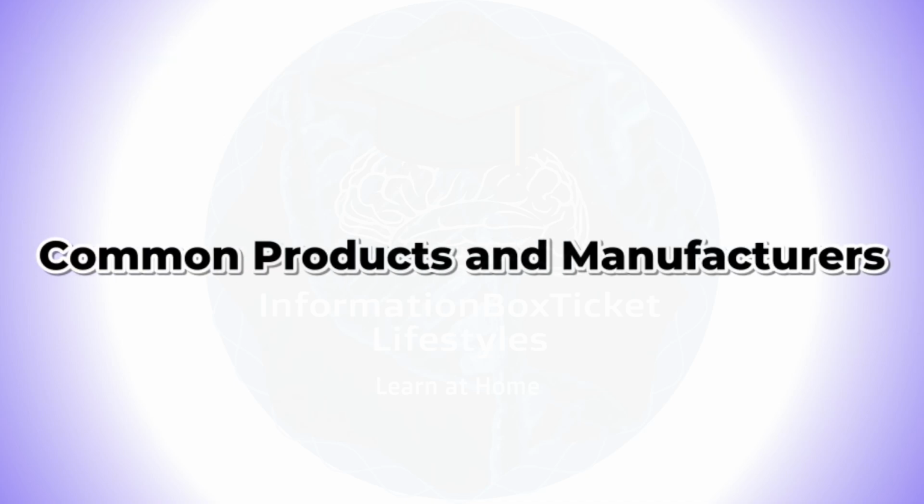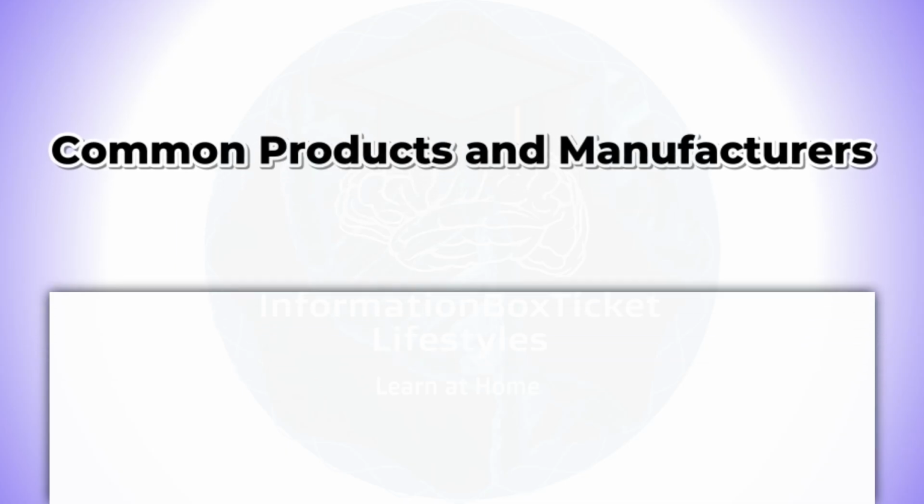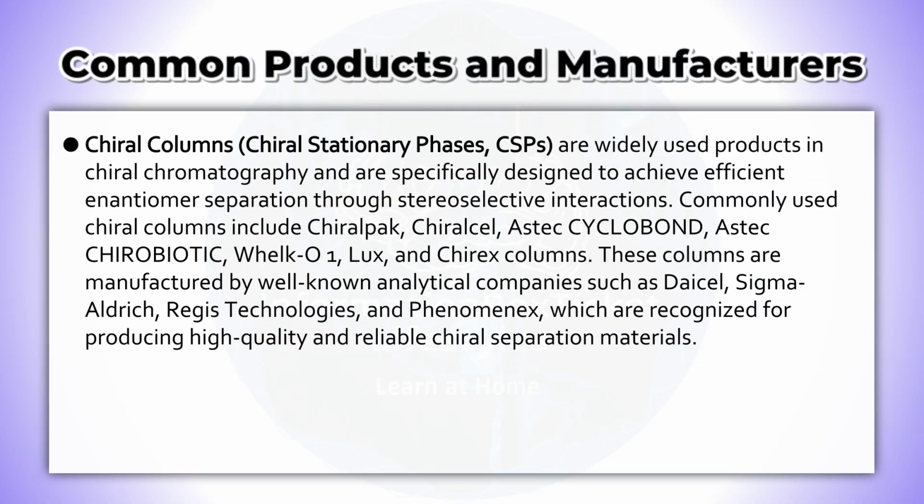Common products and manufacturers of chiral chromatography. Chiral columns, chiral stationary phases, CSPs, are widely used products in chiral chromatography and are specifically designed to achieve efficient enantiomer separation through stereoselective interactions.